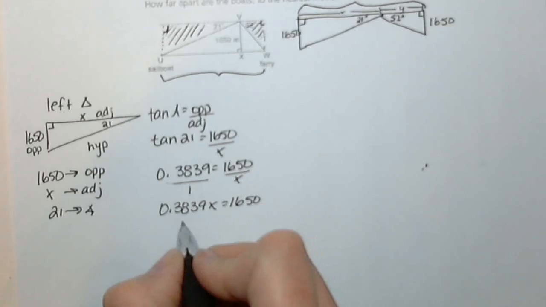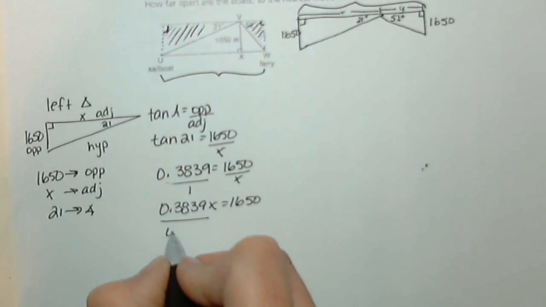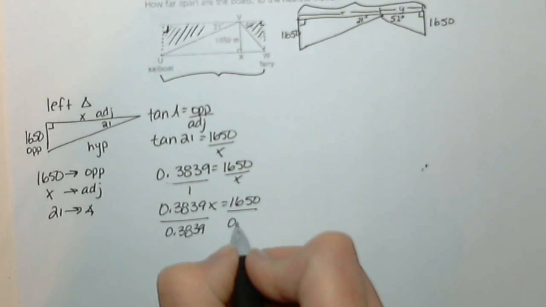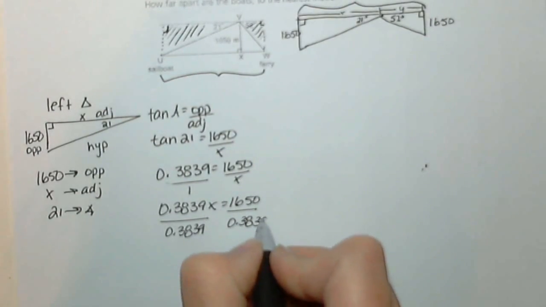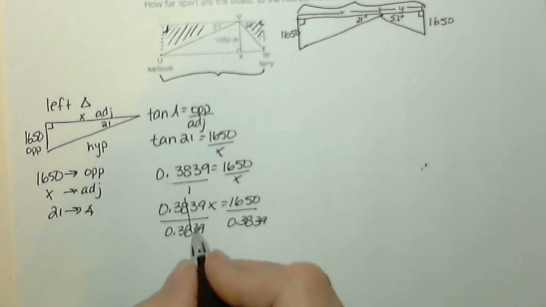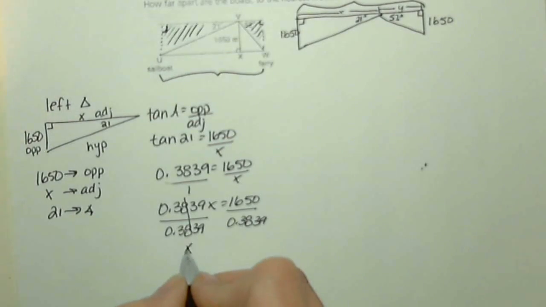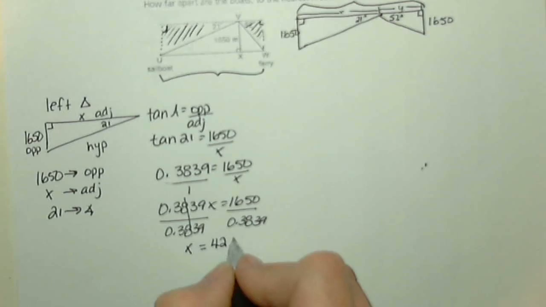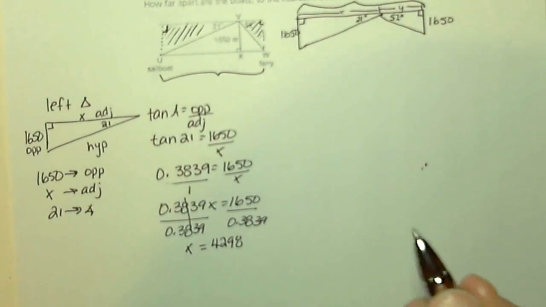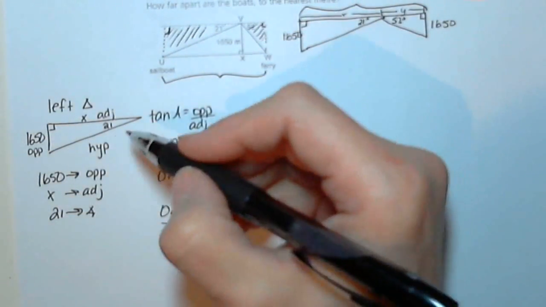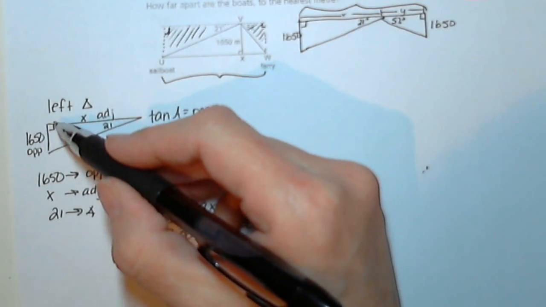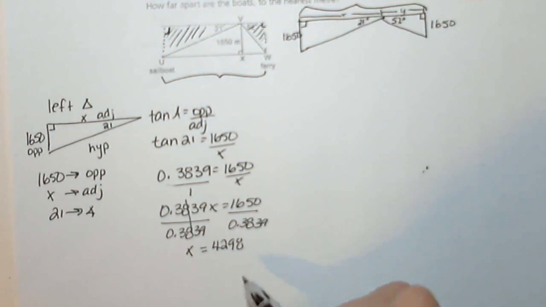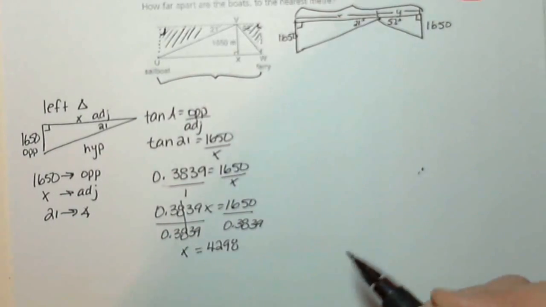To get the x by itself now, we're going to divide both sides by 0.3839. Those reduce to 1. 1x, or just x, is going to be equal to 4298. I know that seems like quite a big number, but take a look. If this is 1650 and this side's quite a bit longer, it being 4298 isn't a problem.